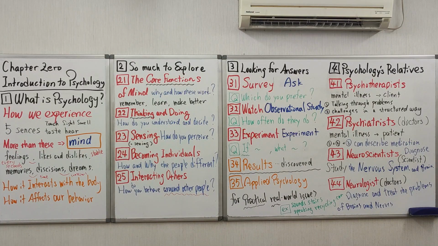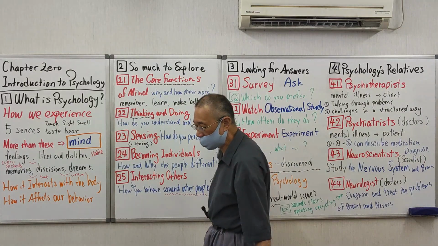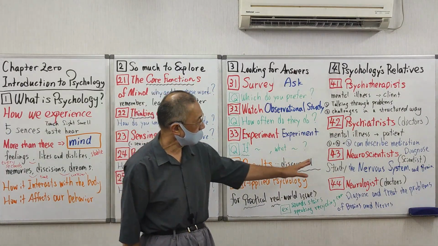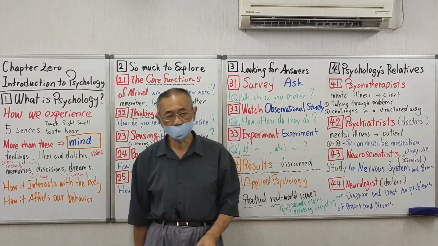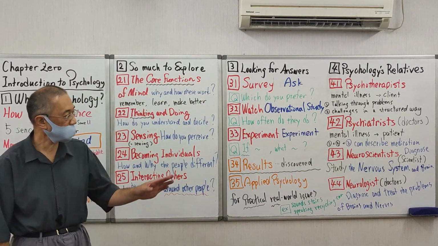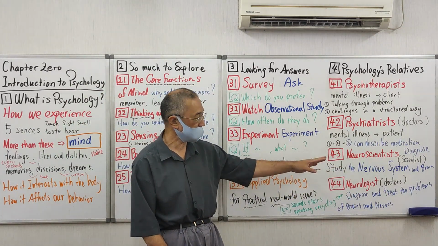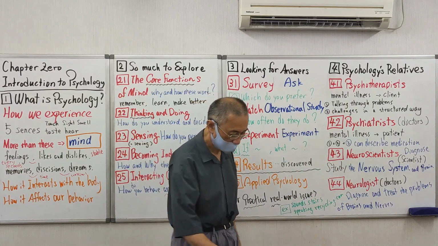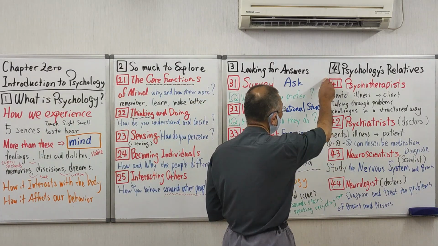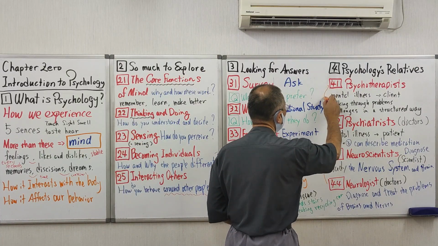So brains and nerves are closely related and important to understand. Neuroscientists are the scientists, and neurologists are the doctors, and they treat patients. It is quite a big difference. So these two, 41 and 42, 43 and 44, these you should understand.